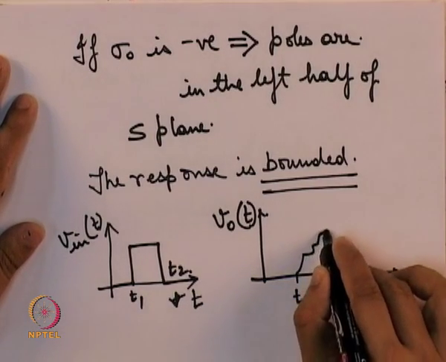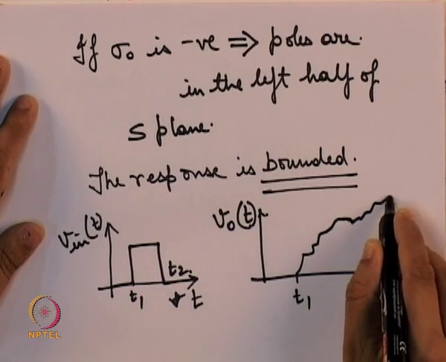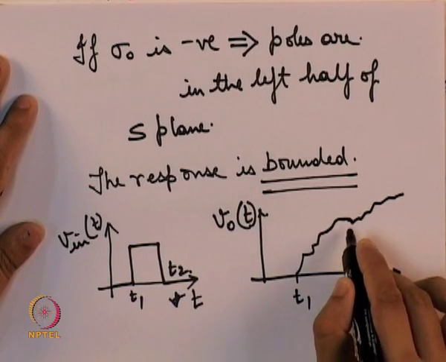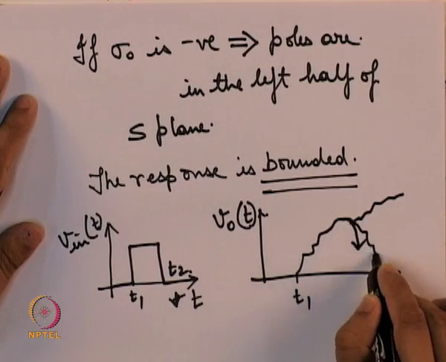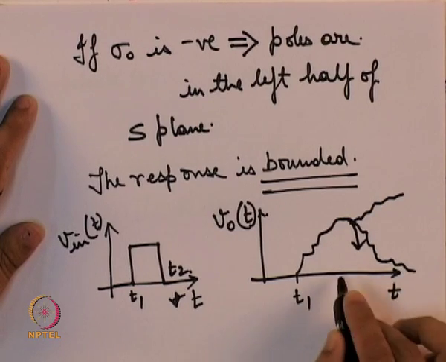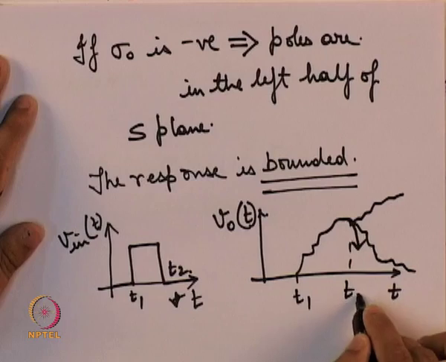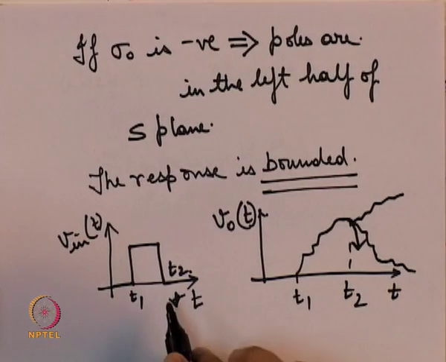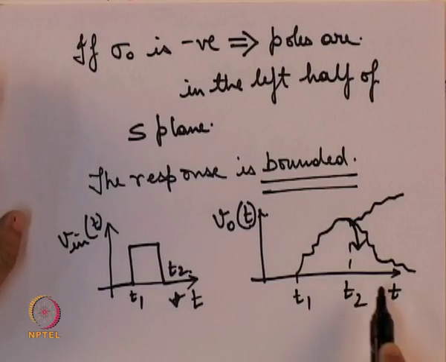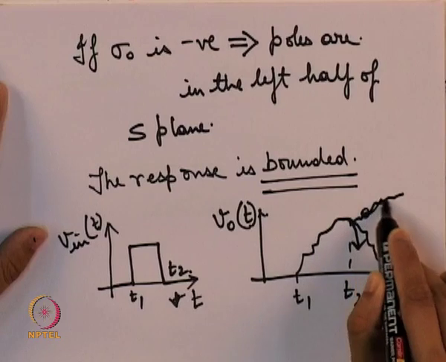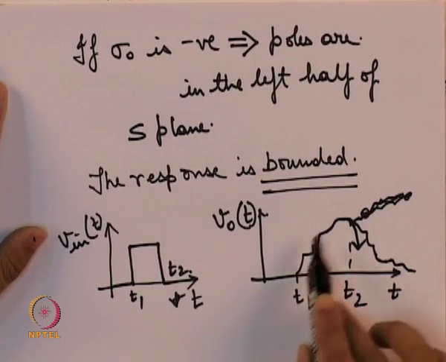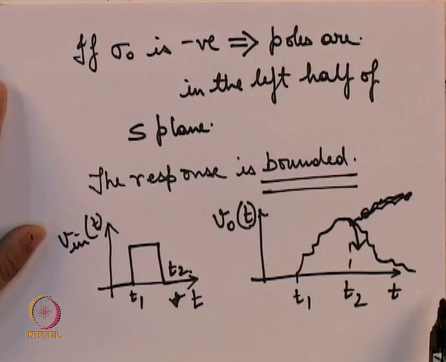It starts somewhere, but it should not go on expanding like this, it should fall. So, the expected response should be like this. It need not become 0 suddenly at T2, it need not follow the input closely, but it should fall after some time. It should go up and go down.